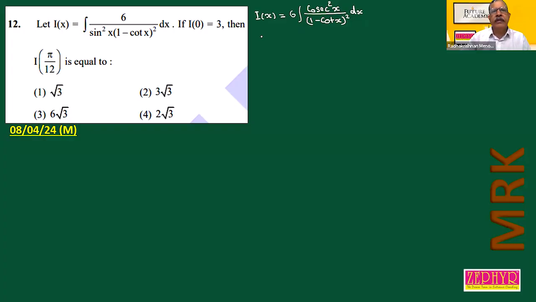So what substitution you have to make? It's clear. Put 1 minus cot x is equal to t, which implies, what is the derivative of cot x? Minus cosec squared x. So derivative of minus cot x will be cosec squared x.